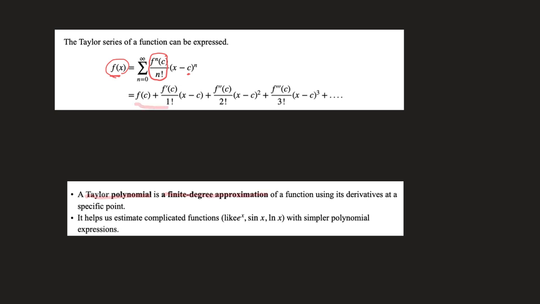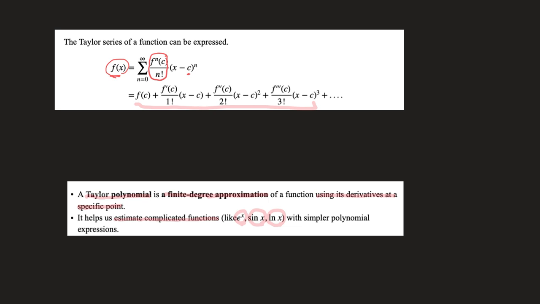You take only finitely many terms. How many terms we take depends on the error of the approximation, using the derivatives at a specific point. How do we use this? We estimate complicated functions, for example e to the x, sine x, ln x, with a simpler polynomial expression.